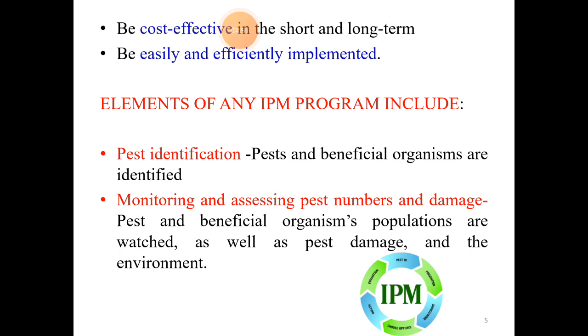Fine. Then how is this IPM executed? What are all the different stages that it includes? So the IPM program includes elements: number 1, pest and host identification. Next is monitoring the extent of damage induced by the pest.